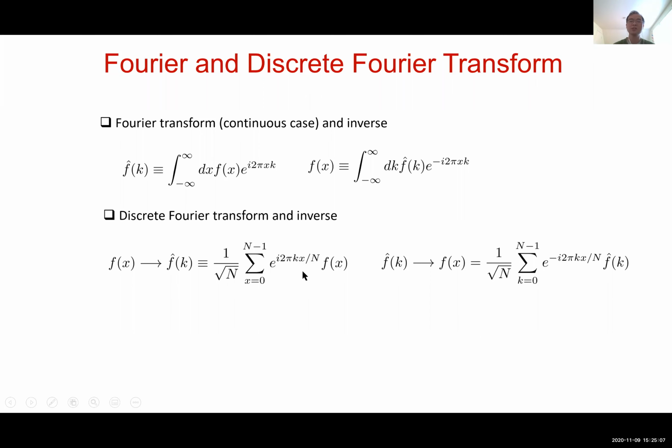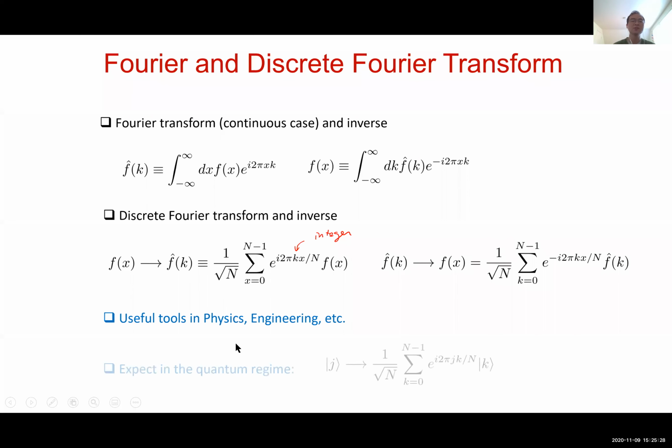In this case, k and x are both integers. And there's also its inverse transformation. I'm sure many of you have seen this. It's very useful in physics, mathematics, engineering, etc.